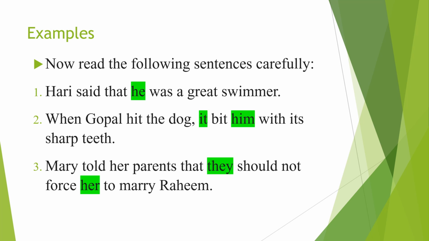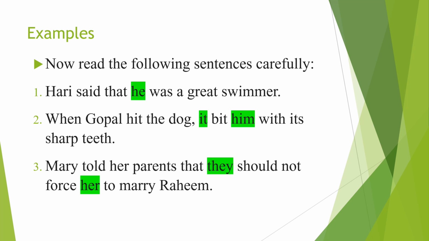Now in the second sentence, when Gopal hit the dog, it bit him. Now you see, it is what? What is it for? We use it instead of a dog. We should not say, when Gopal hit the dog, the dog bit Gopal with his sharp teeth. We should not say like that.